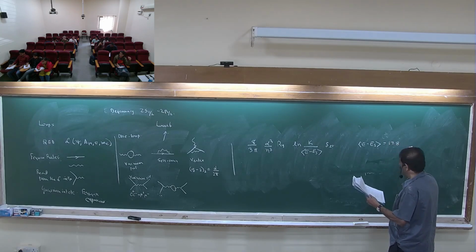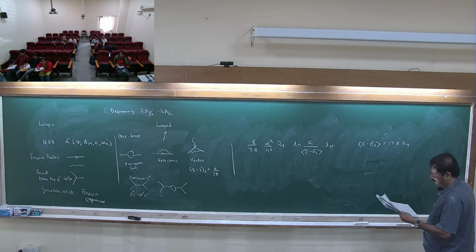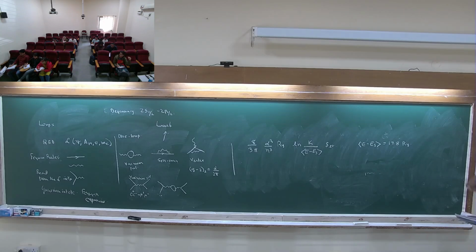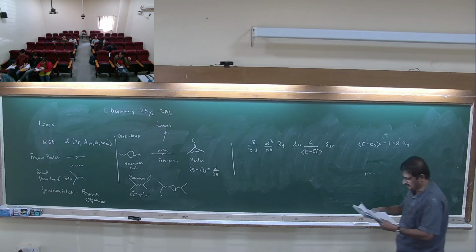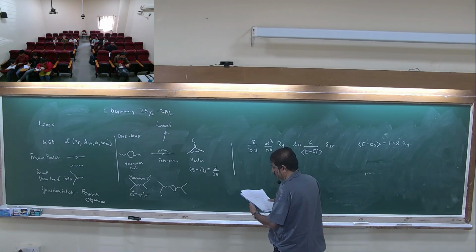17.8 Rydberg, and so we know what this answer is. So this formula is for the energy splitting, delta E. So this is the energy splitting.